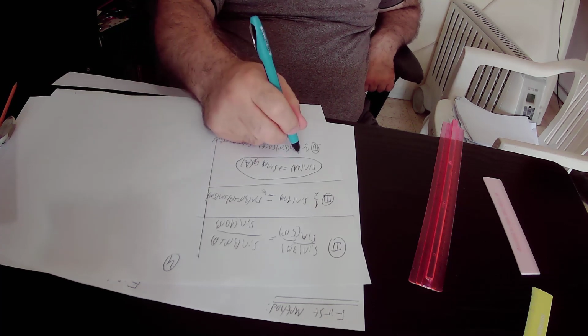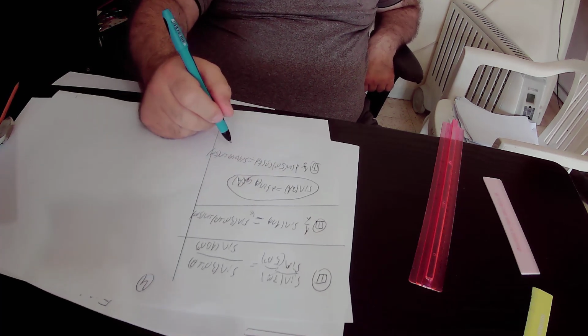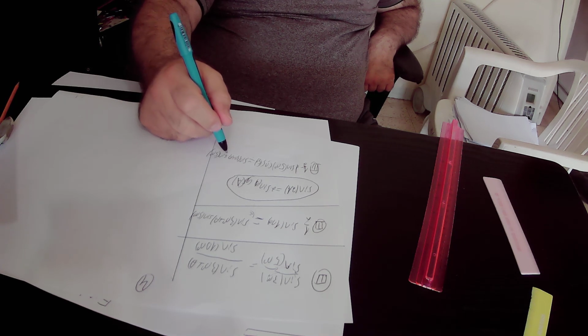Here 2 over 2 will get cancelled, and we have sine 50 degrees on both sides of the equation, so sine 50 degrees will also get cancelled.